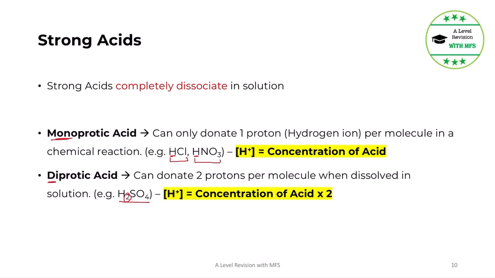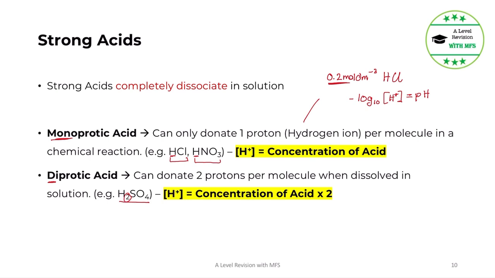Now, this will make more sense when we come on to some examples, but for a monoprotic acid, the H plus concentration is just the concentration of the acid. So for example, if I said to you that we had 0.2 mole per dm cubed of HCl, because that's a concentration, in the formula that we originally had, which was negative log base 10 of H plus, and that gives you the pH, the H plus concentration is just going to be 0.2.